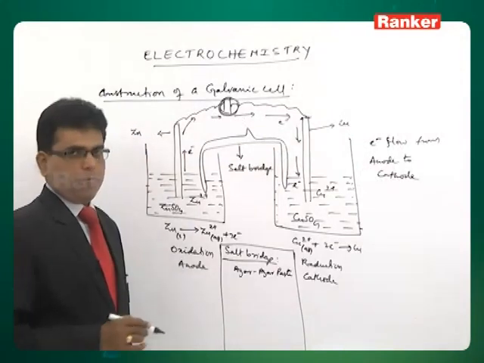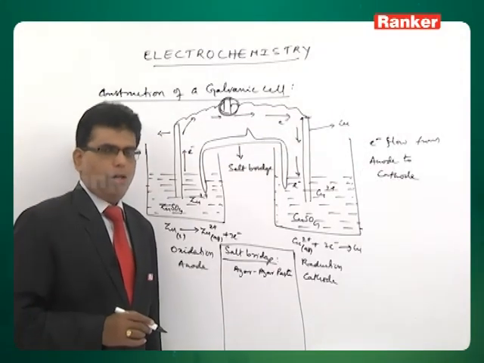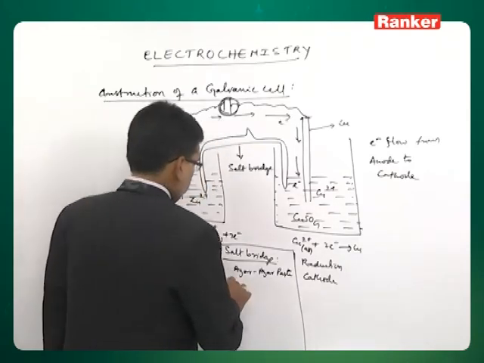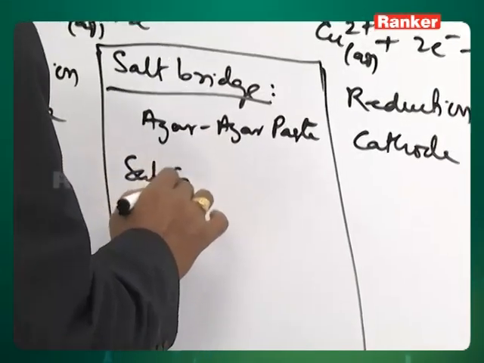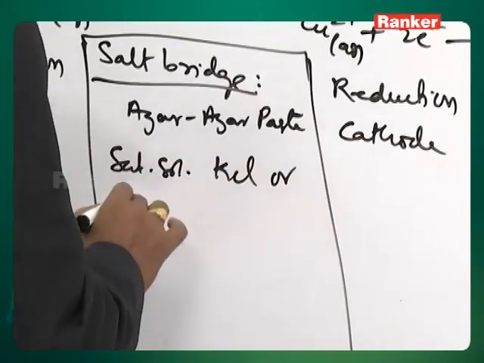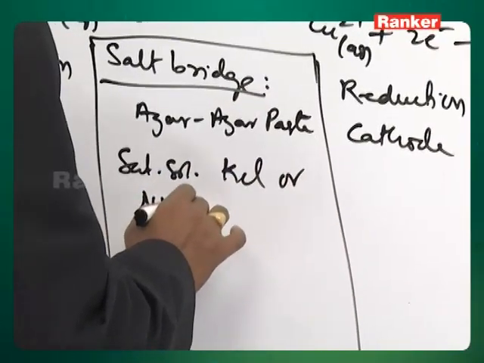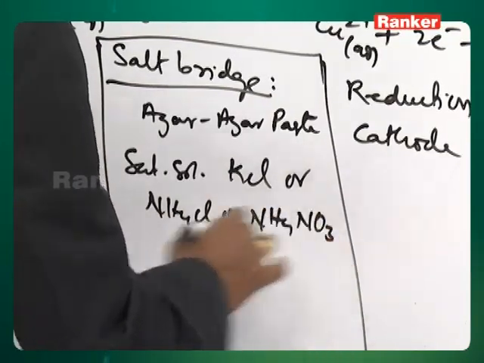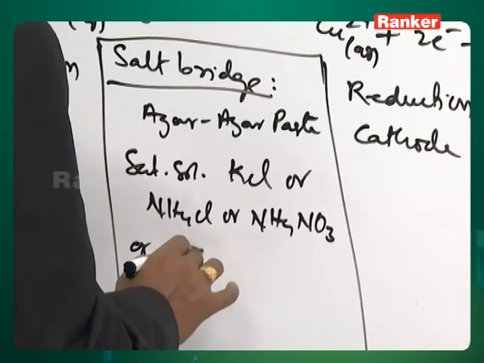The purpose of the agar-agar paste is to allow the slow movement of electrolyte, and a saturated solution of KCl or ammonium chloride or ammonium nitrate or potassium nitrate.